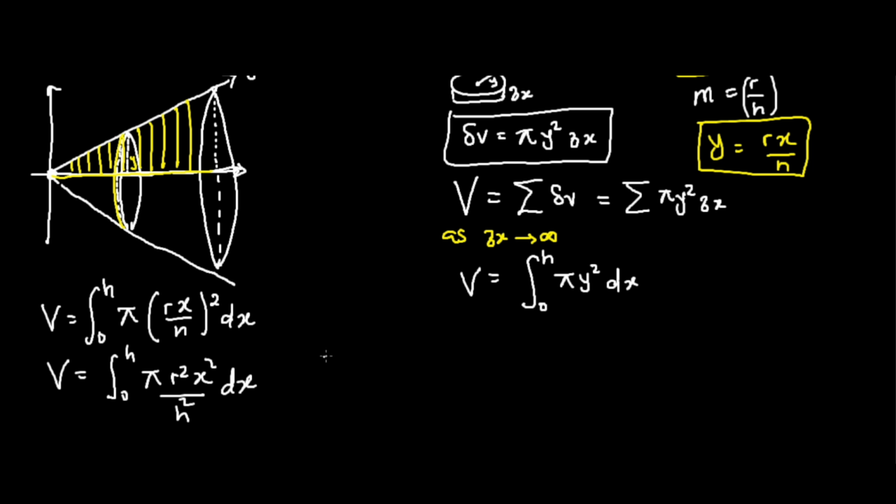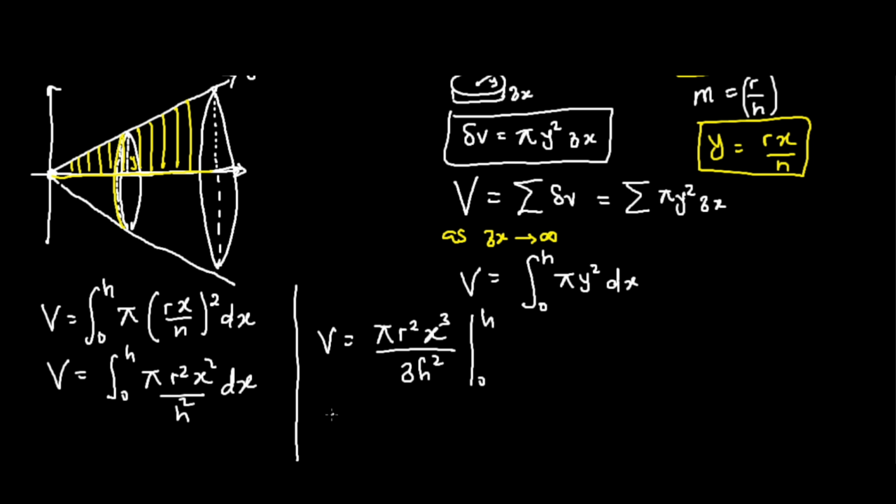I will integrate with respect to x, and that gives V equal to pi r squared x to the power of 3 over 3h squared, from 0 to h.